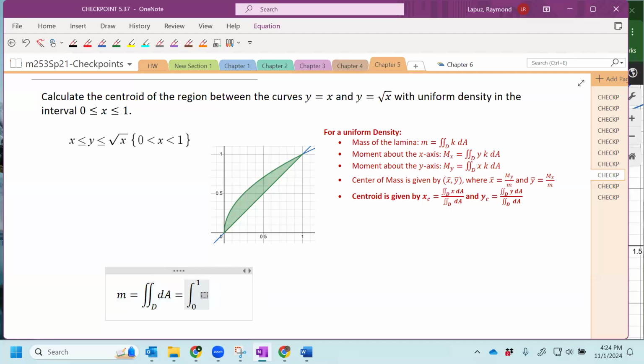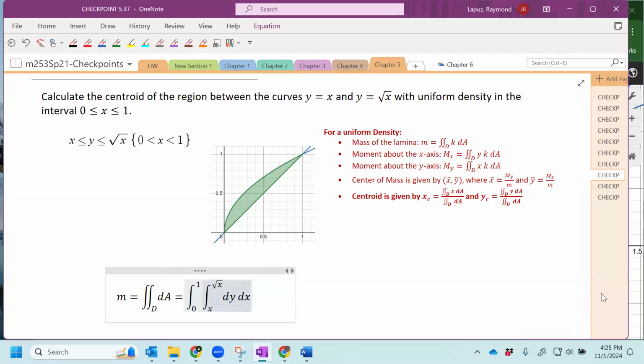Then we'll have the inner integral with functions x and the square root of x. Our dA will become dy first because that's the function part. This is a type 1 region, and then dx later.